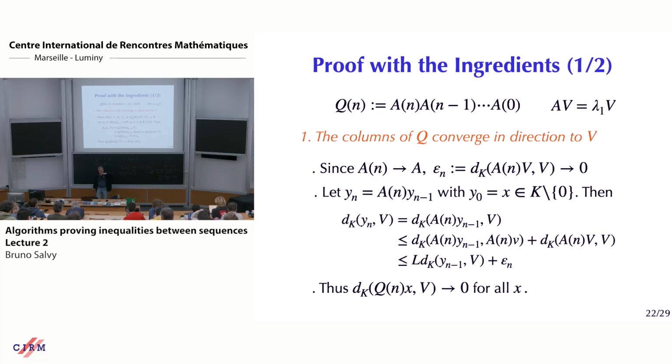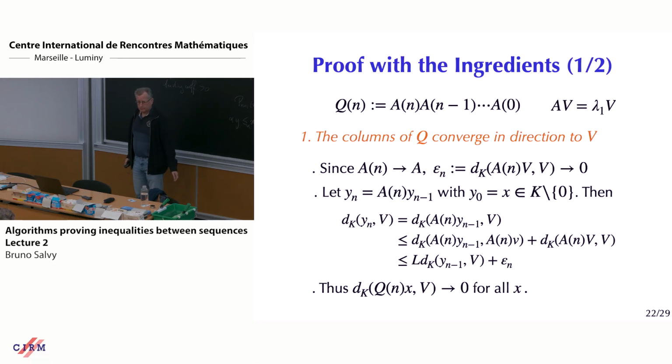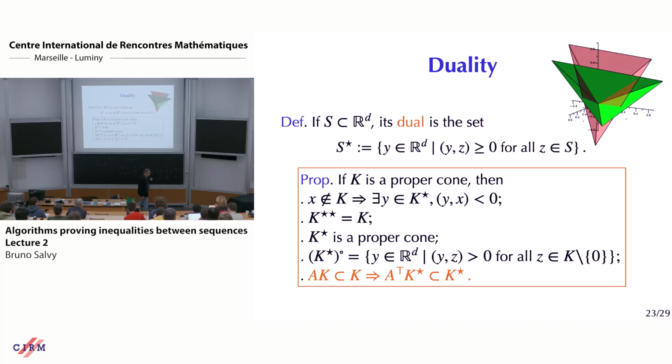And the other side is the difficult one, the rows. And the rows are those that converge to this mysterious W. And for that, we have to talk about duality. So if you've never seen that, it's maybe scary, I don't know. I've tried to put a picture, but they become ugly very quickly. So this is a cone, a simplicial cone, some would say, and its dual cone.